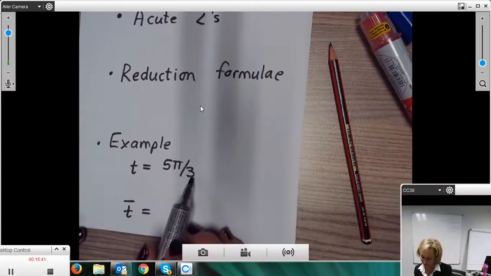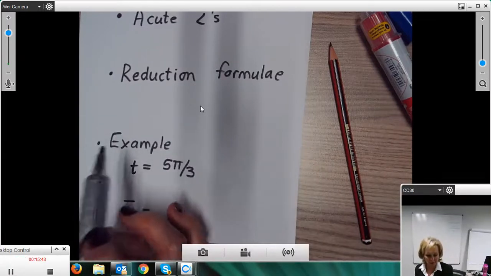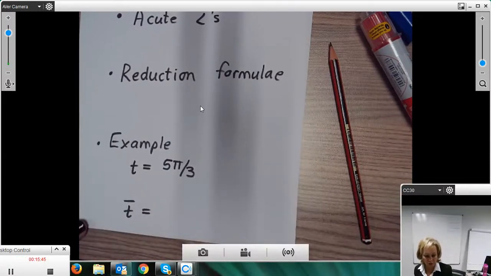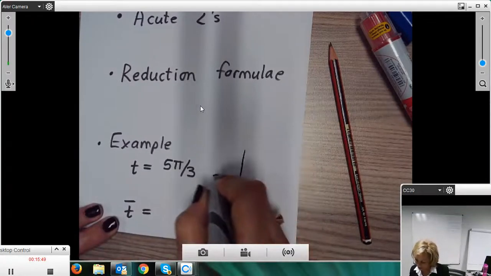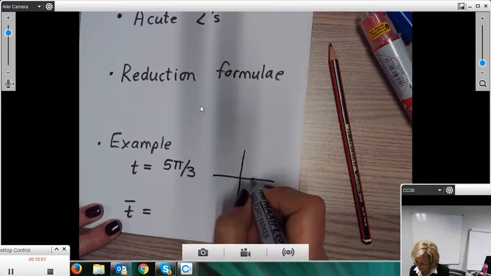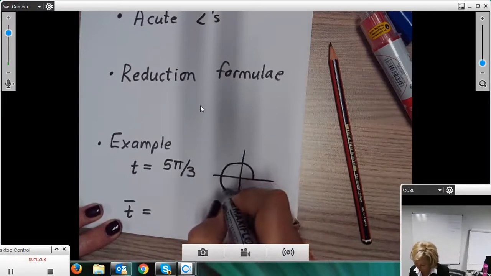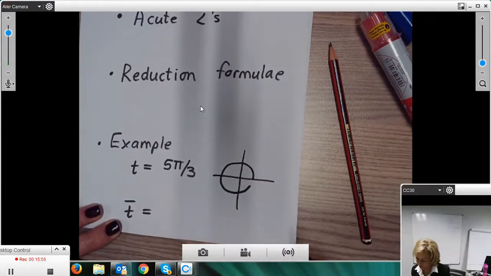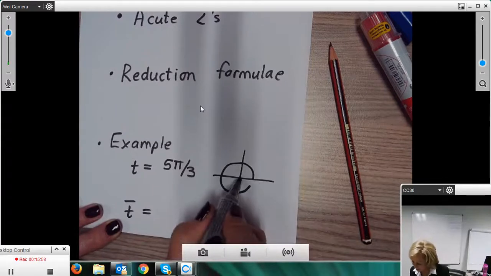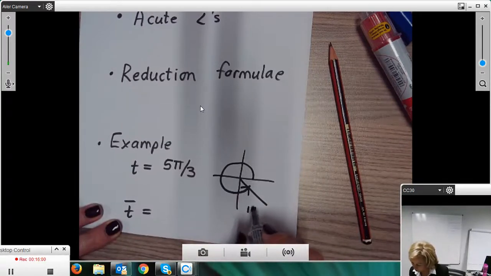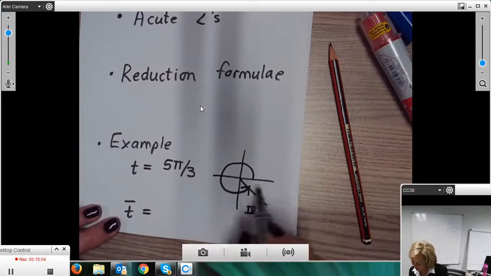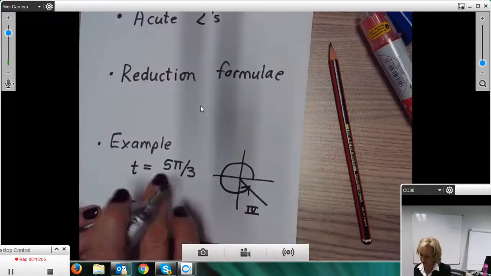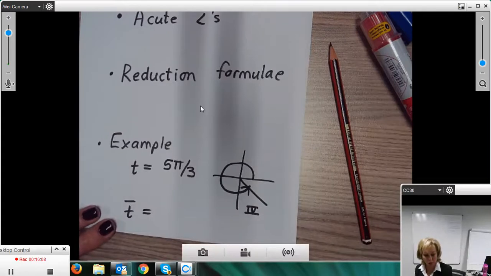Pi by 3 is 60 degrees, 60 times 5 is 300 degrees. So this angle is positive, so I have to generate it anti-clockwise, and it is in the 4th quadrant because we are sitting at 300 degrees. That is what 5 pi by 3 looks like.